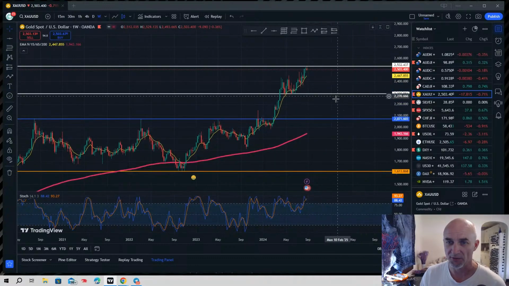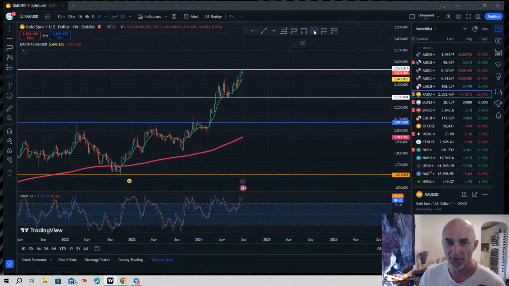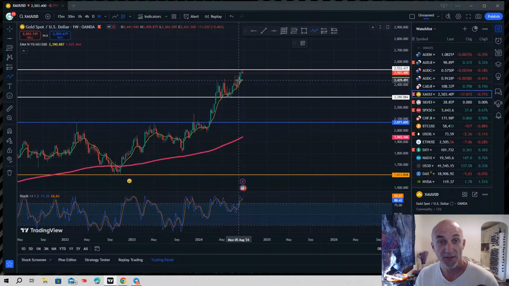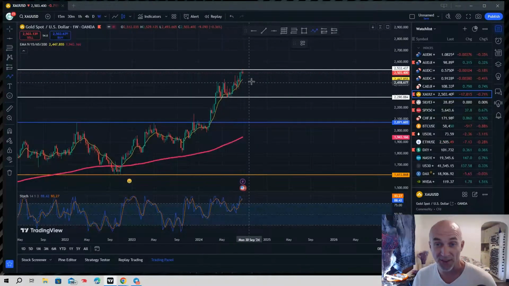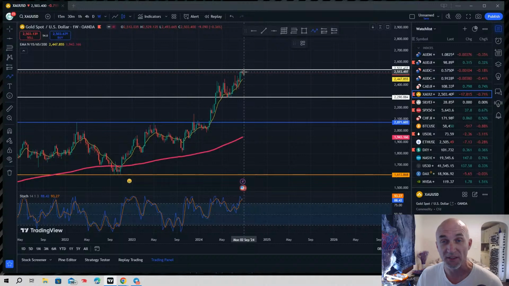I gotta delete that. That's horrible. Let's try again on the path thing. This is the path tool, so you can predict, if you will, lay out how you think that it's going to go. And it's a fun tool because you get to watch and see if the price goes your direction.